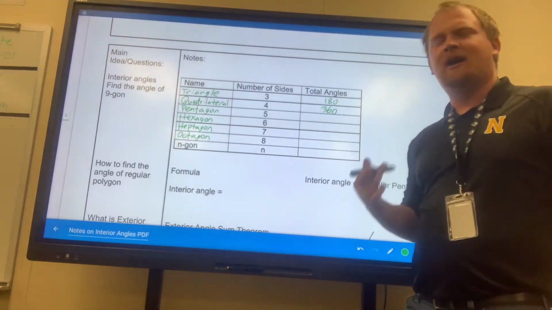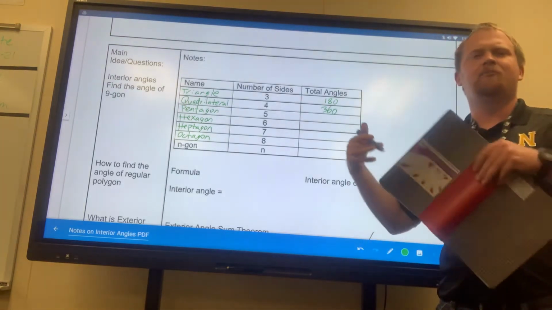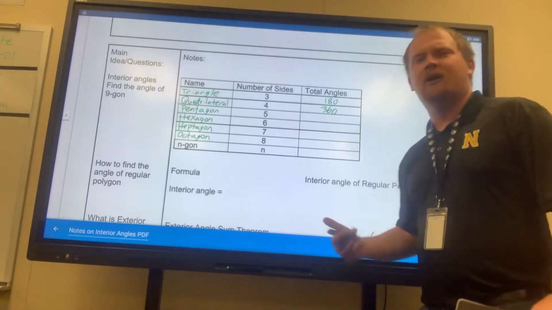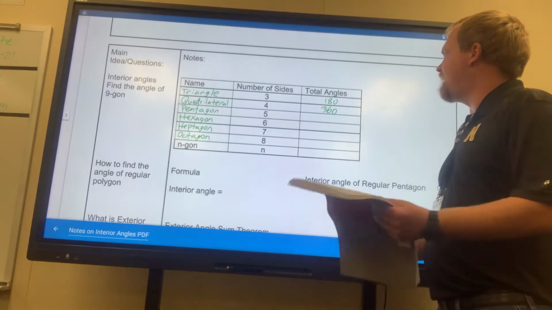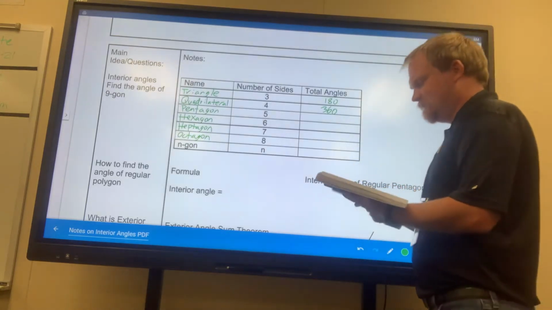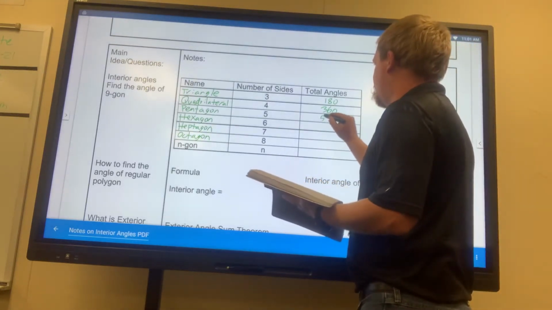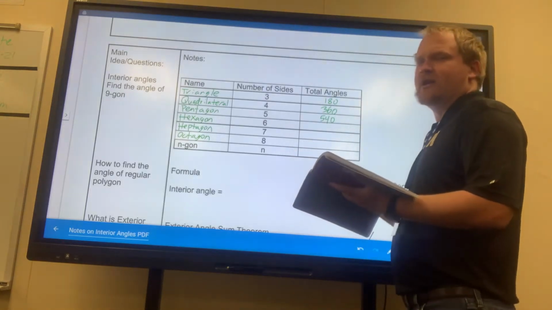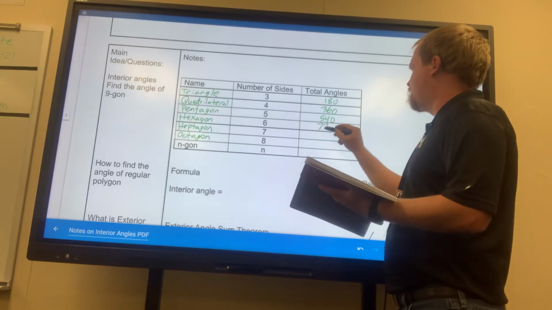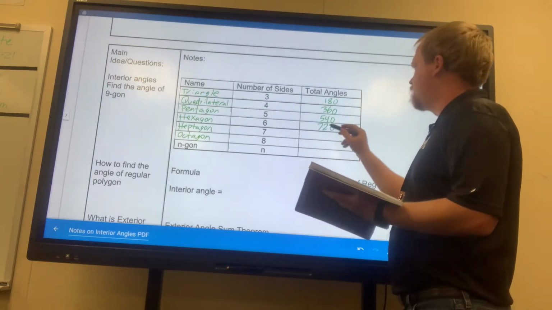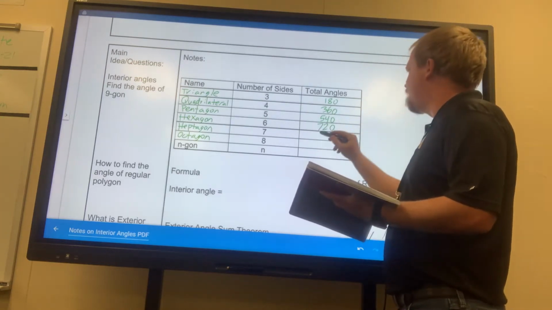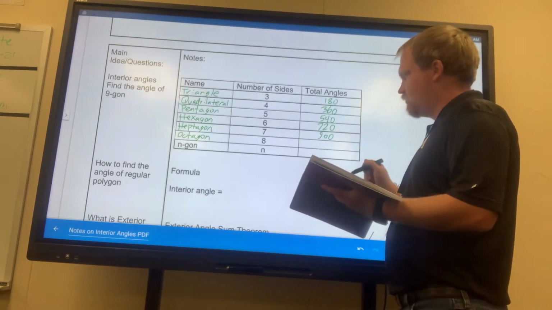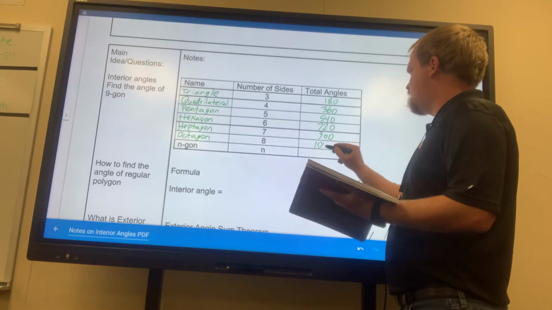But the pattern is that it goes up by 180. So if I add 180 to 360, that gives me 540. And I can just keep adding 180 from here. That gives me 720. 720 plus 180 is 900. 900 plus 180 is 1080.